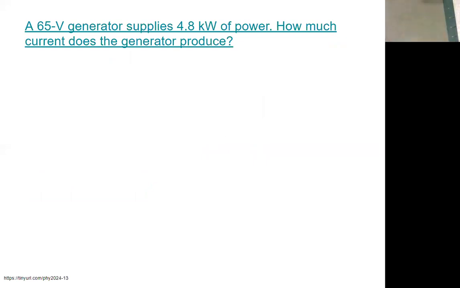With power, let's take a look at this example. It says a 65 volt generator supplies 4.8 kilowatts of power. How much current does the generator produce? It gives you the voltage, it gives you the power, and it's asking for the current.